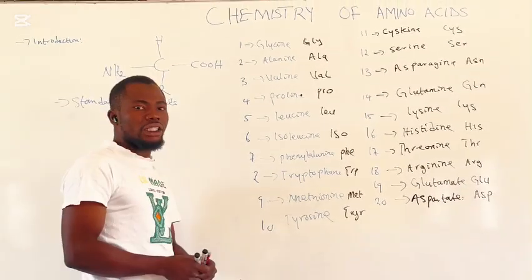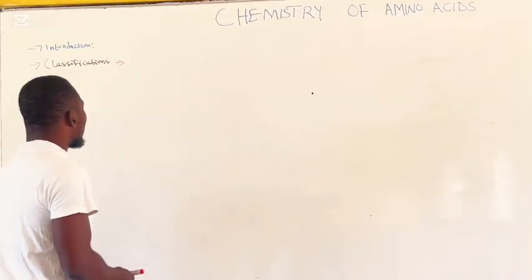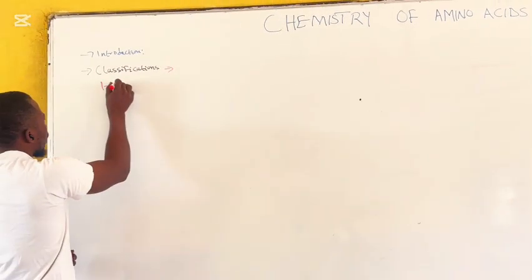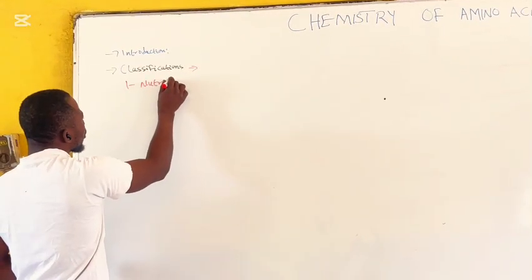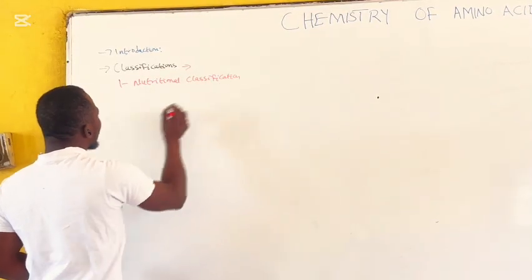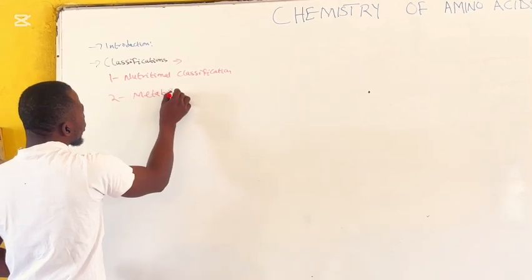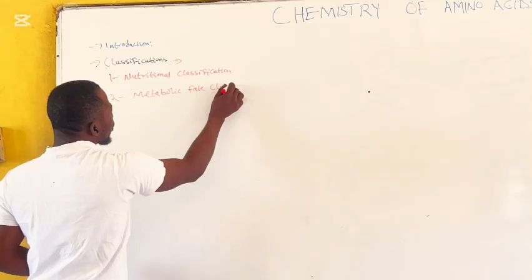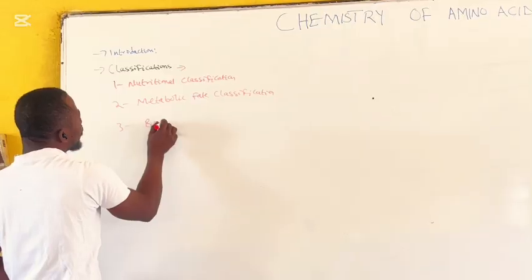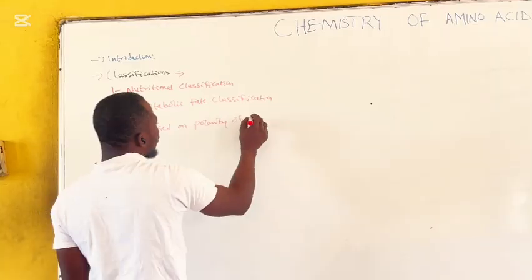Next is the classification of amino acids. Amino acids are majorly classified based on 4 categories. 1, nutritional classification. 2, metabolic phase classification. 3, based on polarity of R group.